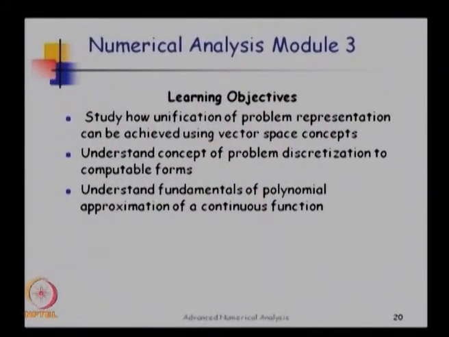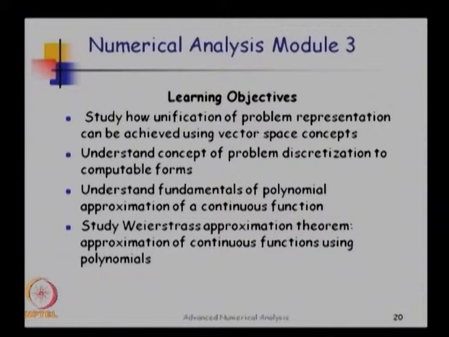Then we will look at specific tools that are used in problem approximation. What it turns out is that the backbone of approximation is approximating a given function using a set of polynomials.